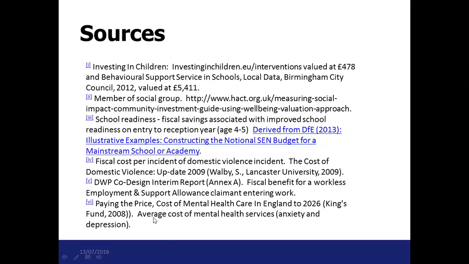Then there's the King's, they do quite a lot of reports around mental health, and one of the benefits of that is that they include a lot of financial figures and data around the costs of particular mental health issues, and they included in that report the average cost of mental health services for anxiety and depression.